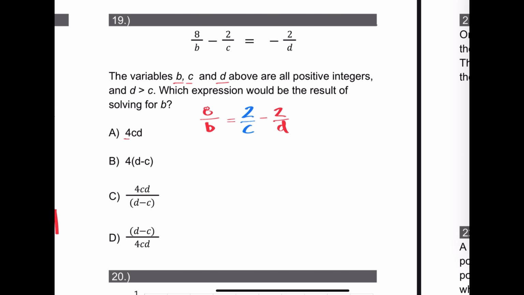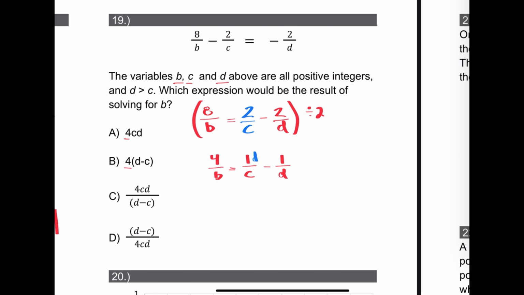First, I notice all the answer choices are using the number 4, and I have an 8 and 2 2s. And so I think it would be wise to first divide this by 2 so that it looks similar to their answers. So we actually have 4 over b equals 1 over c minus 1 over d. Starting to look better. None of their answers have the fractions separated, so we actually want to combine that right side.